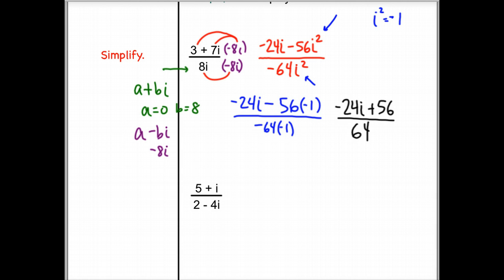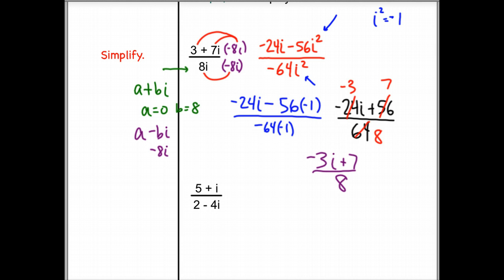We can see that each of these numbers is divisible by 8. So -24 divided by 8 is -3, 56 divided by 8 is 7, and 64 divided by 8 is 8. So what our answer is, -3i plus 7 over 8.